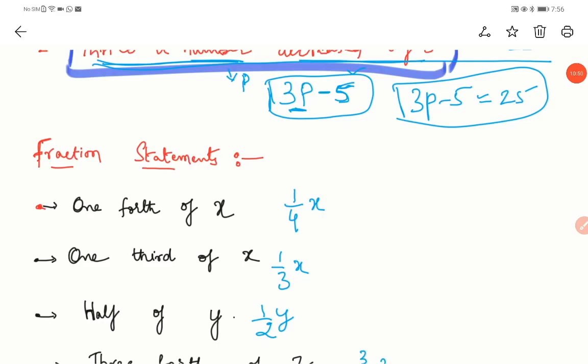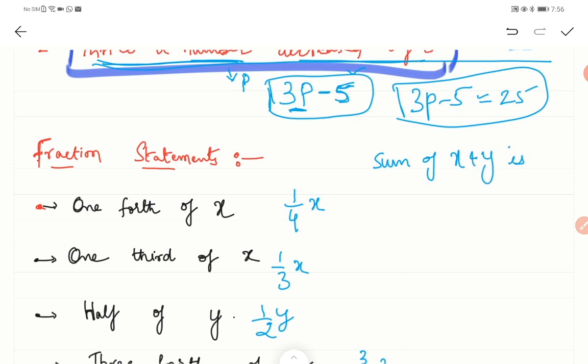You'll have some equations in which you'll have two variables also. Like if they give you the sum of x and y is 10, I'll take x plus y is equal to 10. This is also an equation. Now I'll give you a statement like: total number of boys and girls in a class is 52.